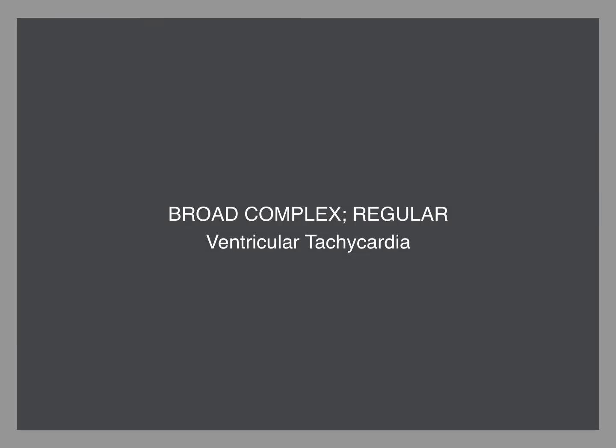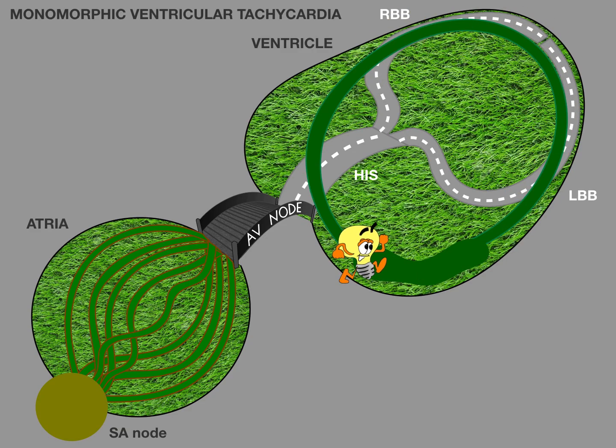Moving on to our broad complex rhythms and starting with the broad complex regular tachycardia, which until proved otherwise is ventricular tachycardia. Here, abnormal tissue within the ventricle, often related to, say, a scar after a heart attack, can form a reentrant loop that runs round and round the ventricle.